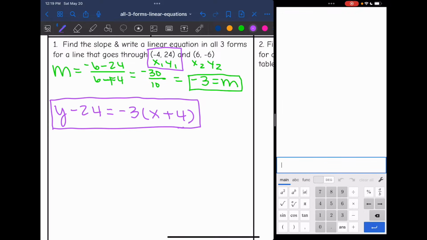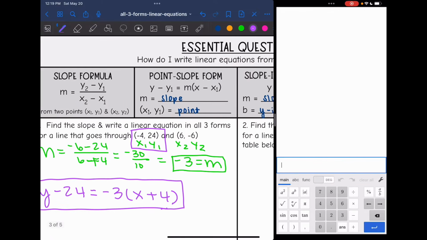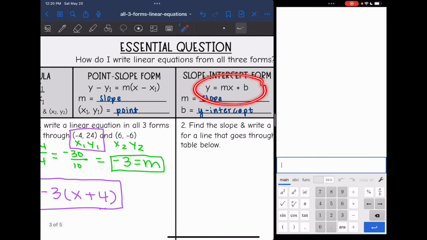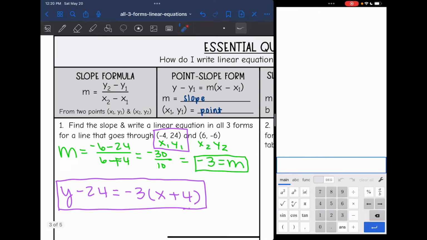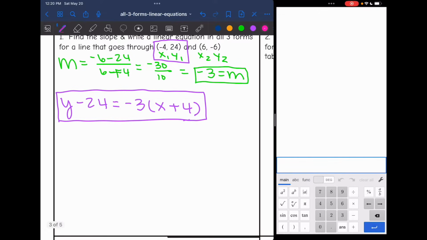And now I want to convert this to slope-intercept form, which is y equals mx plus b. So I'm going to solve my point slope form equation for y. So the first thing I'm going to do is distribute that -3, and I get y minus 24 equals -3x minus 12.